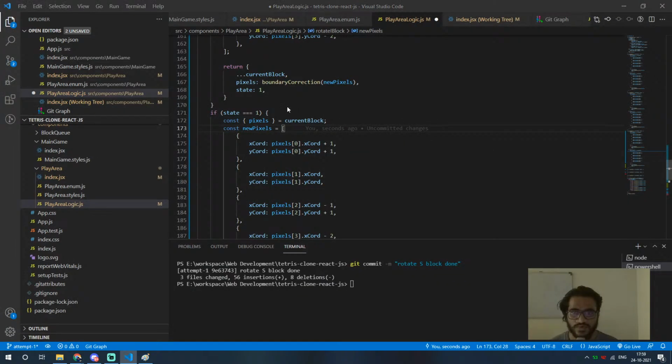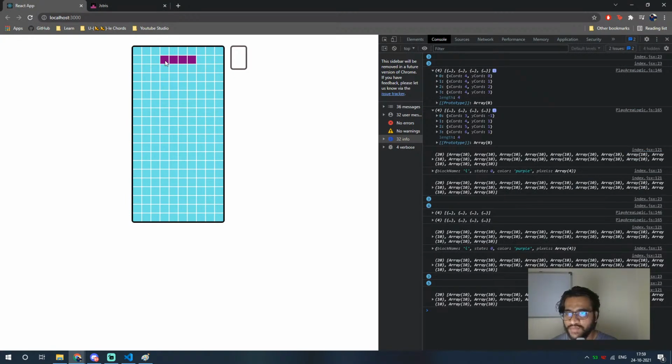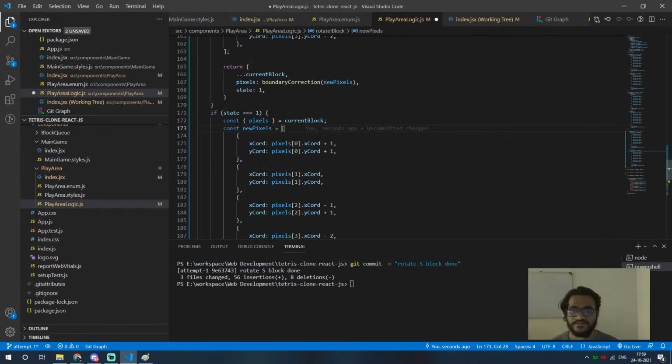So what the first pixel would do is plus 2y and plus 2x.